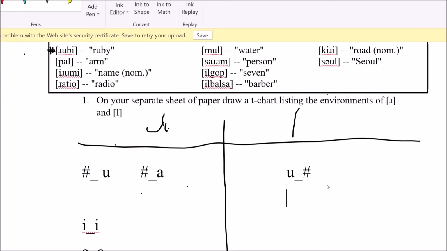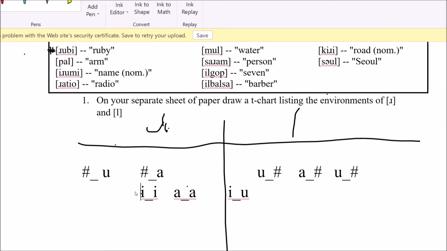Coming down, it's between an A and a word boundary. The next one that we see, moving on, is sol. You see the ol sound there at the end of sol between u and the end of a word that we mark with a word boundary.